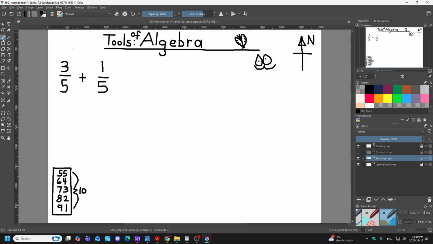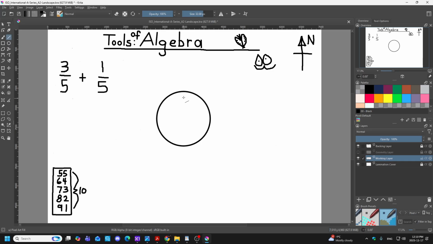For example, a pizza cut into 8 equal slices is the whole. If I draw a pizza, that's the whole.